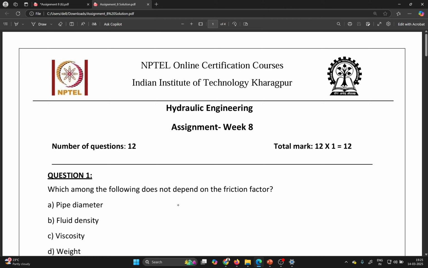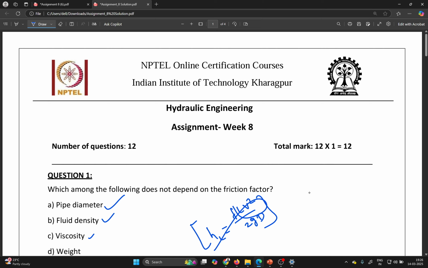As we have discussed the first question in the previous assignment questions, your head loss is f L V square by 2 g D, where D is the diameter of the pipe. Here we are talking about the friction factor, not the head loss.